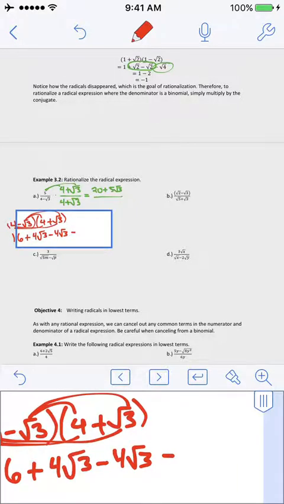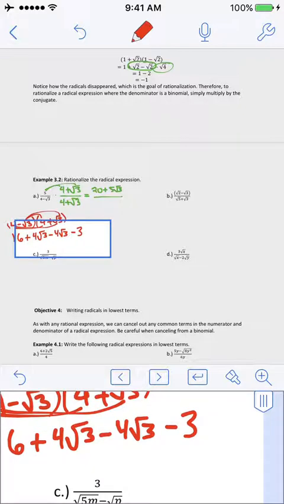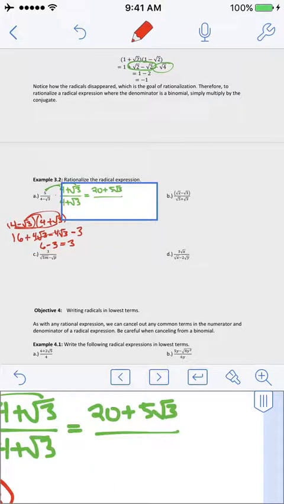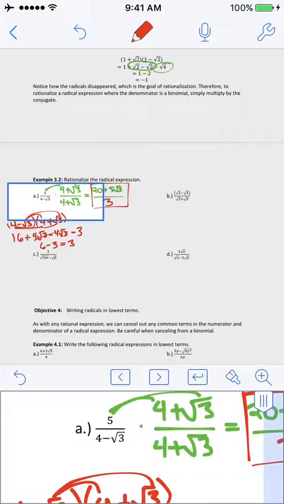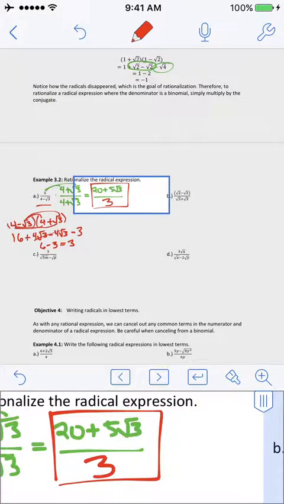And then root 3 times root 3 is root 9, or 3, right? Those two end up canceling out. I get 16 minus 3, or 13. So this bottom up here would be 13. And that's my final answer. So notice we have now rationalized this because there's no longer a radical term in the denominator. There was two terms in the denominator to begin with, but one of them was a radical, so we got rid of it.